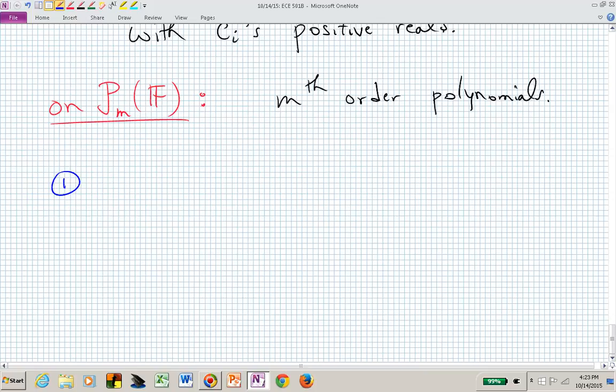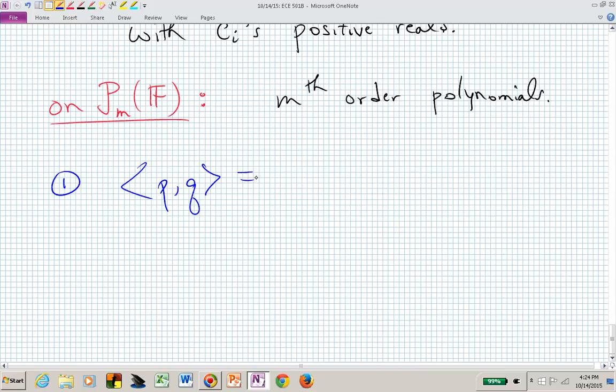Have you seen inner products on polynomials before? Do you have an idea what that might look like? Now let's say that we have p and q. p is an nth order polynomial and q is an nth order polynomial.